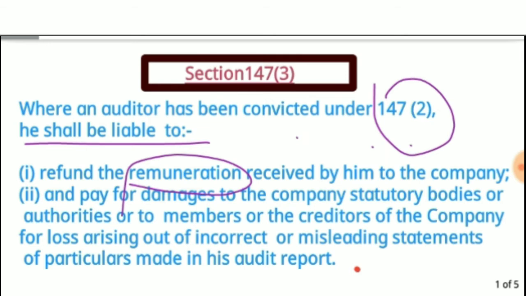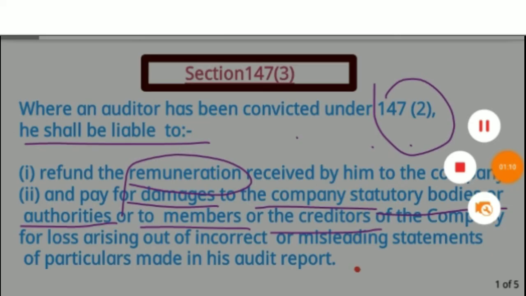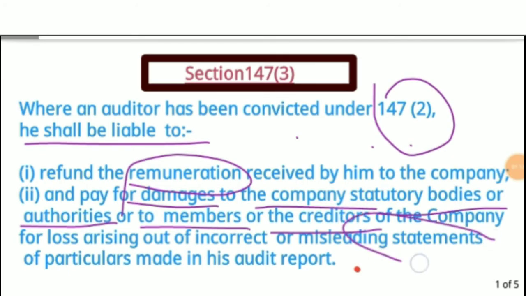And pay damages to the company, statutory bodies or authority, or to the members, creditors of the company for loss arising out of incorrect or misleading statements or particulars made in his audit report. That is, he is doing serious fraud or serious errors while reporting.